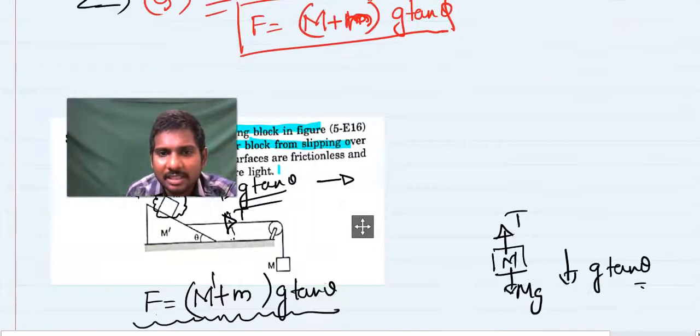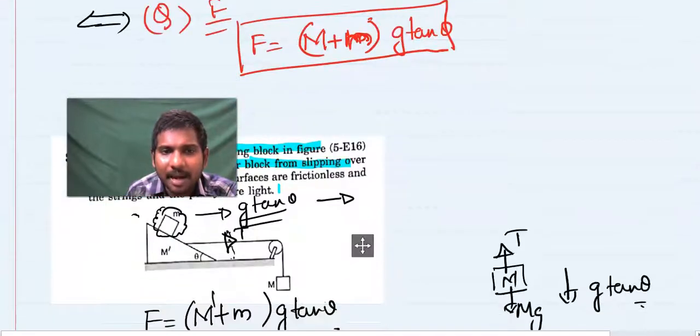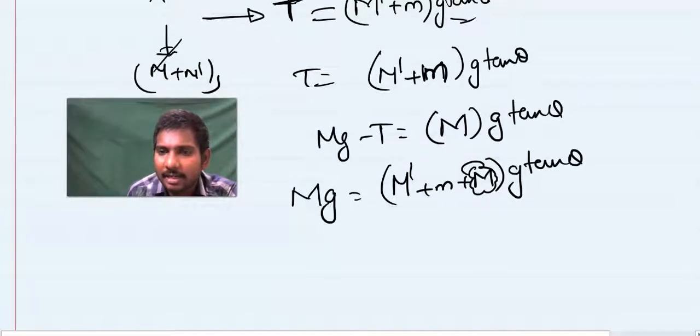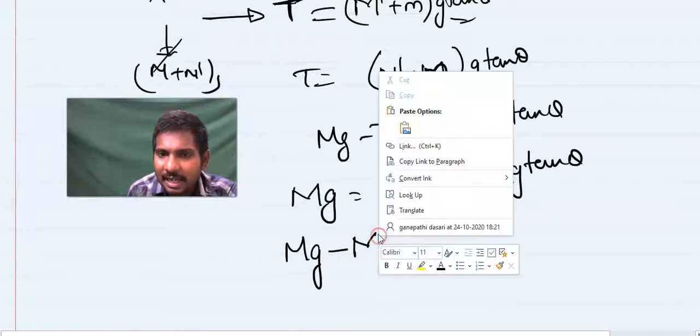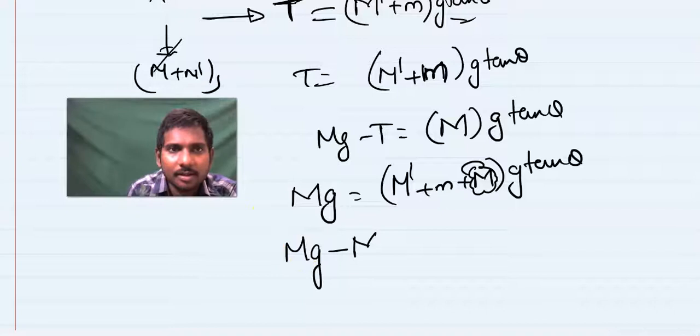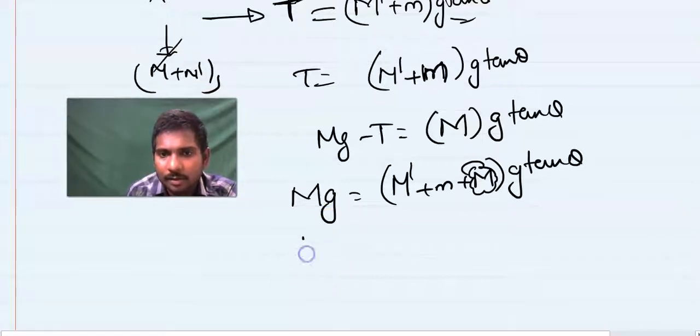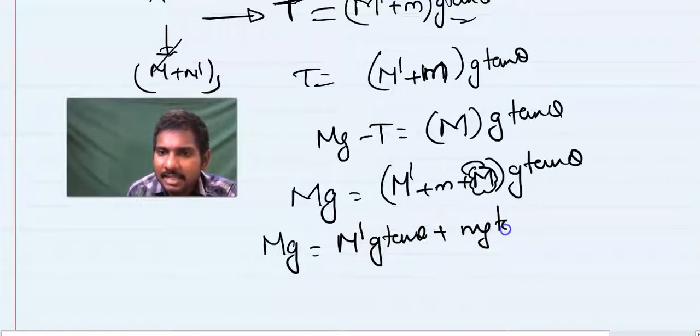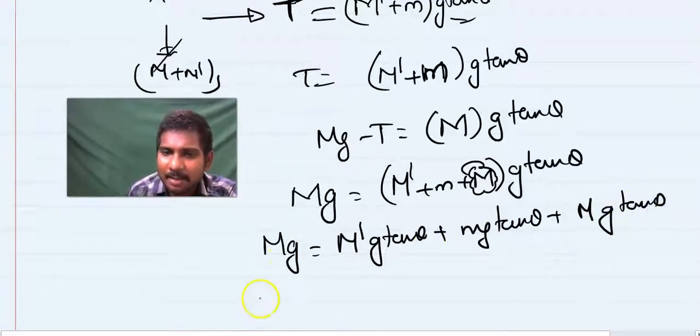What is the question asked? Find the mass M of the hanging block in the figure. So this M we need. I will make it the subject. Mg is equal to m' g tan theta plus m g tan theta plus M g tan theta. I am making this M the subject.